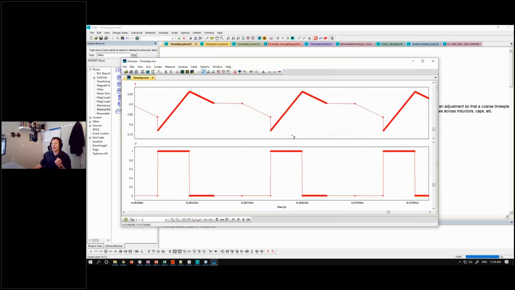Oh, and this doesn't look very good. I was just doing this blind. I should have set this up. We have far too coarse a time step in between here before we switch to the smaller time step. I hadn't run the simulation beforehand, but we can see the detail on here.